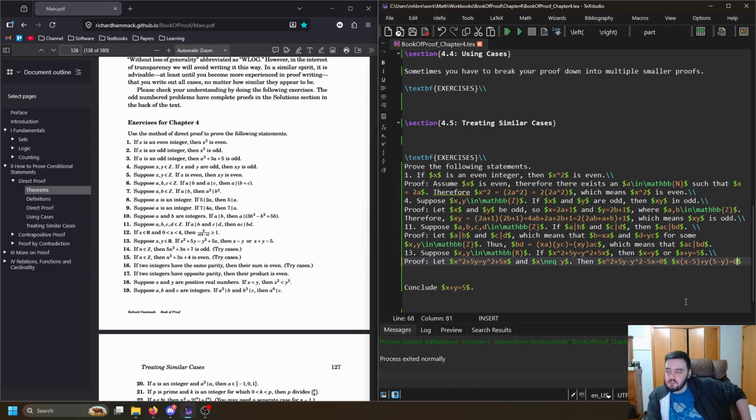Can we get this completely factored? Can we get it of the form x plus y times something?